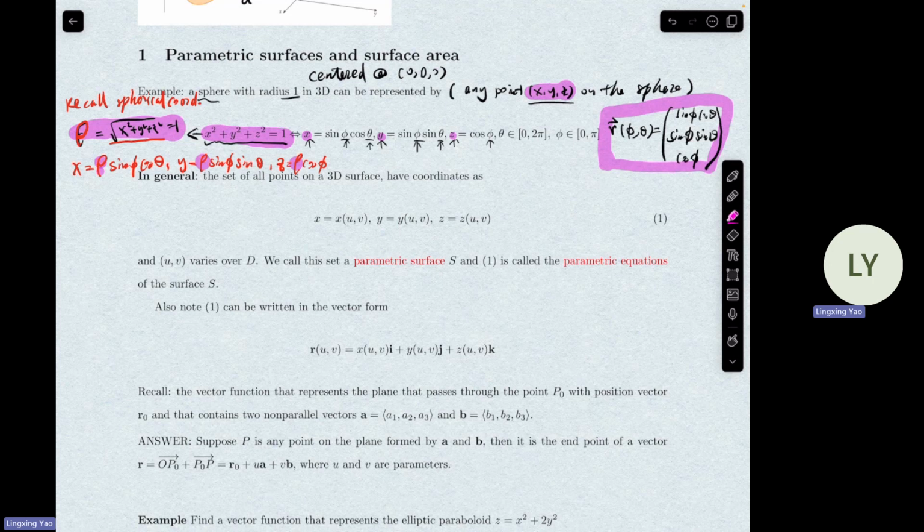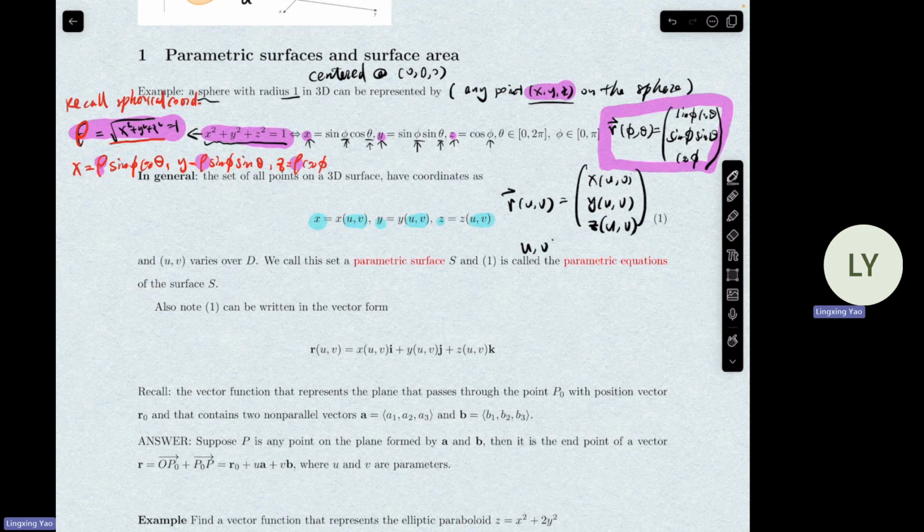All right, so now let's look at the general description. x depends on two parameters, y depends on two parameters, z depends on two parameters. And we can always write it in the form r of (u, v), which I think we wrote earlier above. Let's summarize.